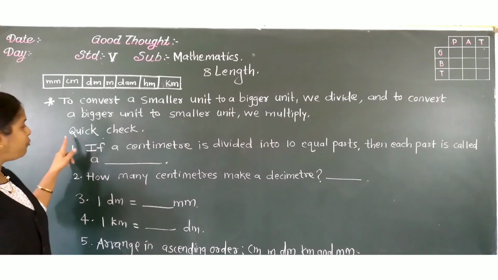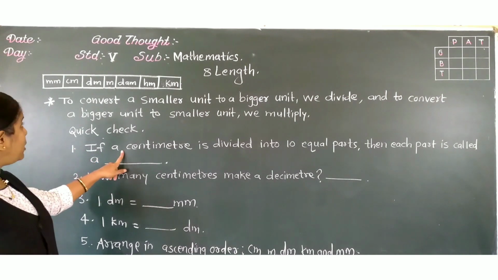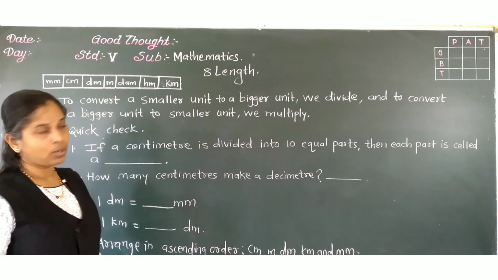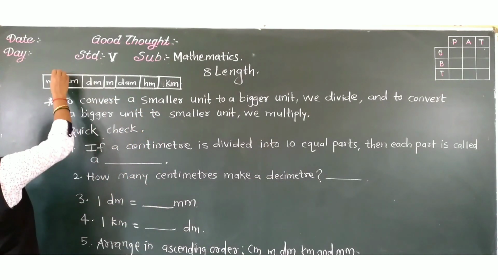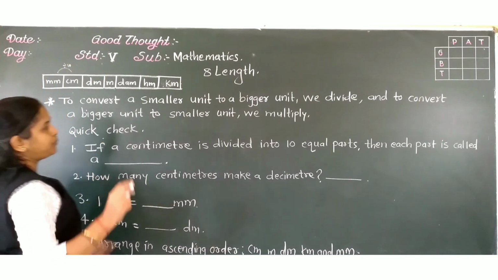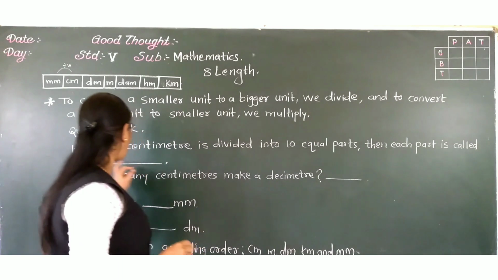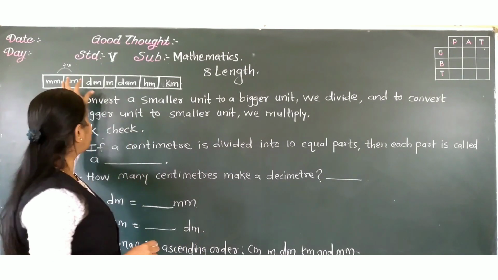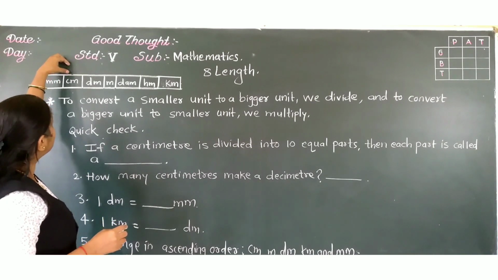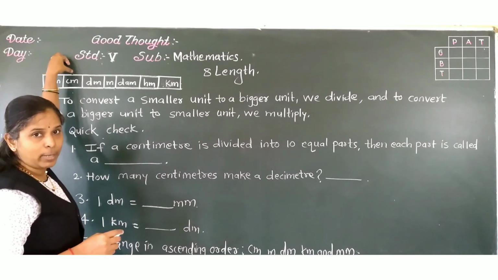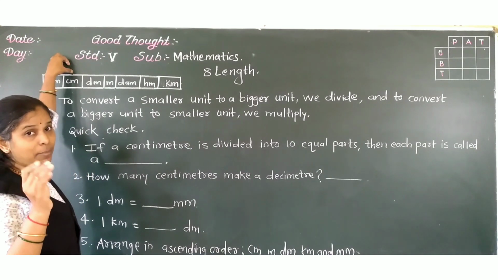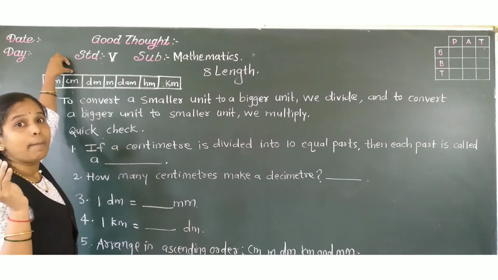Now, quick check. First one: if a centimeter is divided into 10 equal parts, then each part is called what? 1 centimeter, if it is divided into 10 parts, that is 1 centimeter is equal to 10 what?